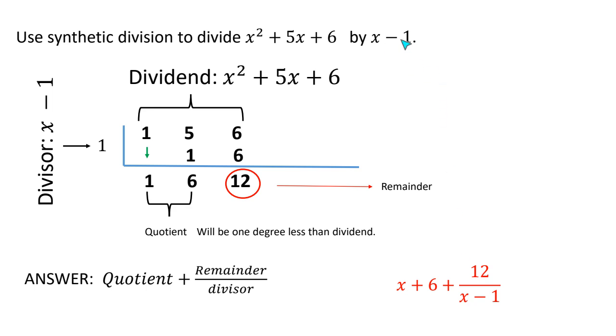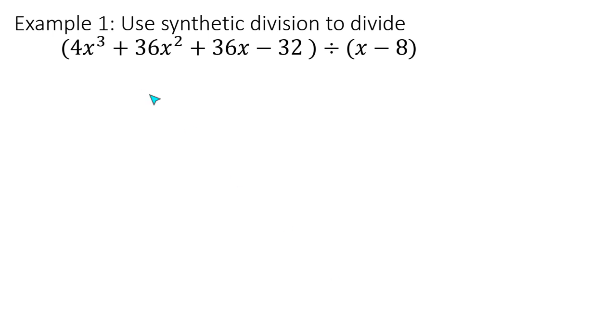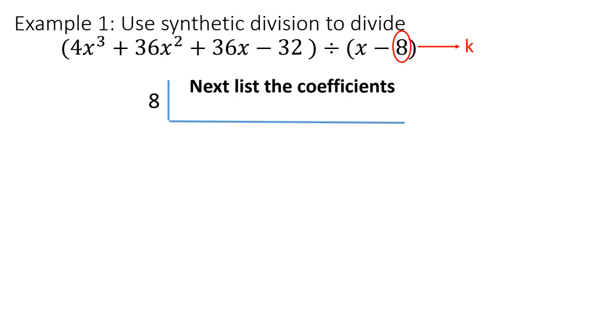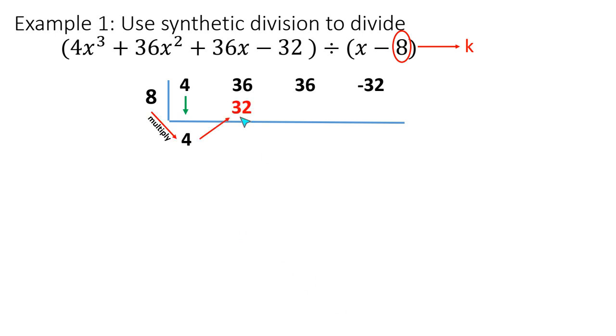Okay. So let's try another one just so we can make sure. So here I have x cubed, x squared, x, and then 32. So just making sure I have everything. My k is going to be 8. I'm going to write my coefficients. I'm going to bring down the 4. I'm going to multiply 8 times 4 is 32. Add it to the 36.